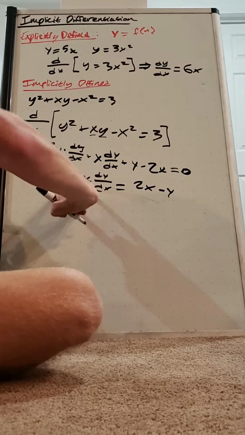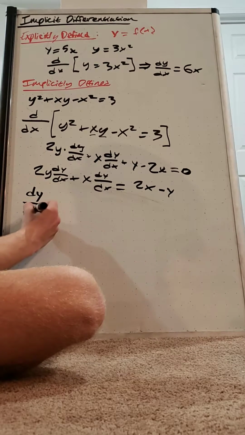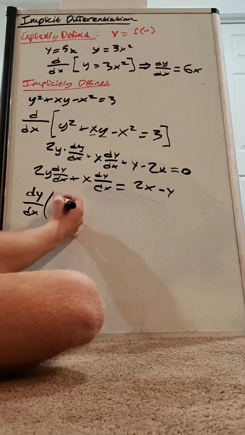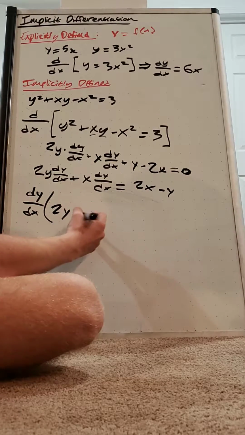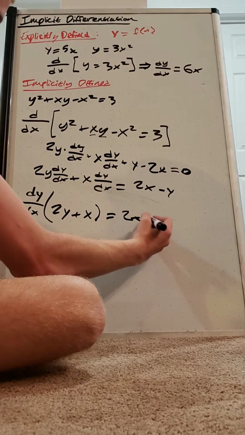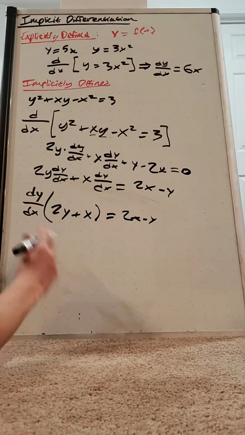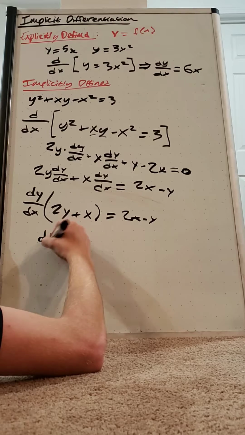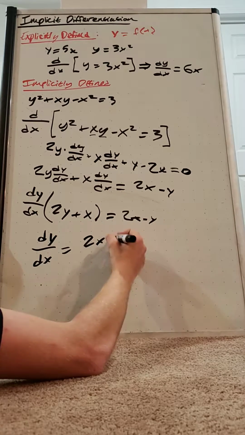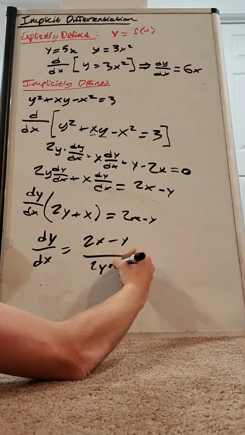From here, we factor out a dy over dx, getting dy over dx times the quantity 2y plus x, and that's equal to 2x minus y. Then we divide by this to get dy over dx equals 2x minus y over 2y plus x.